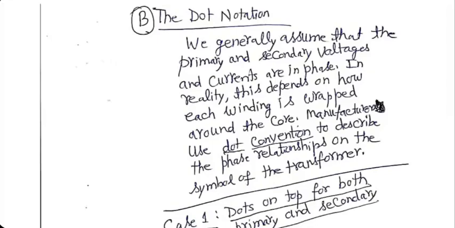In reality, this depends on how each winding is wrapped around the core. It can be right-handed for both, it can be right-handed for one and left-handed for the other, etc. You don't have to worry too much about it as long as you understand the dot convention. Manufacturers use dot convention to describe the phase relationships on the symbol of the transformer.